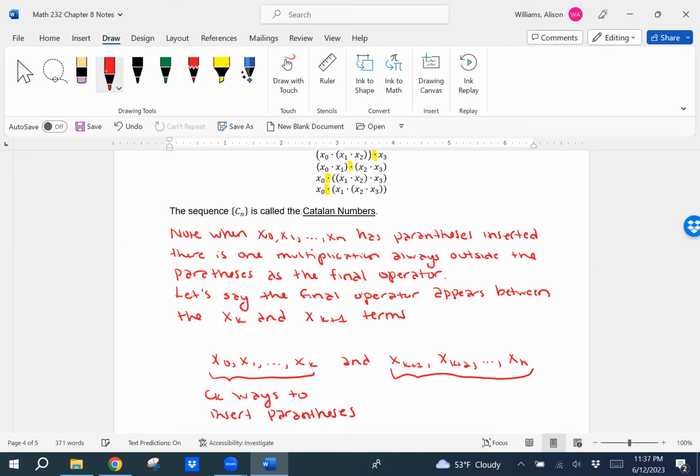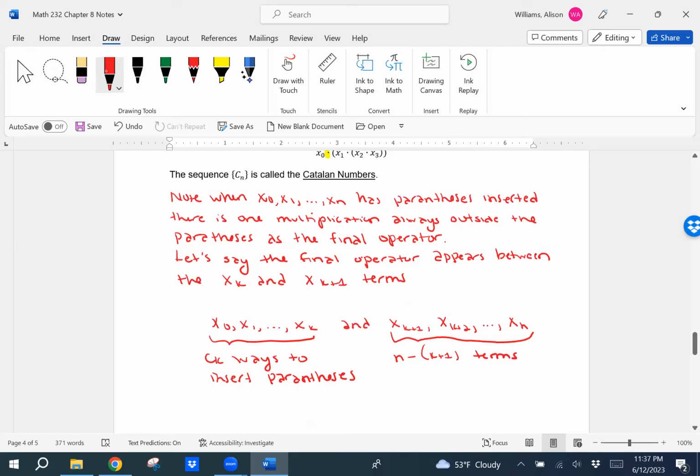And here's how many terms there are. There is n minus k plus 1 terms. So I'm taking the last term and subtracting that first term, n being the last term, the k plus 1 term being the first term. So another way of saying that is c sub n minus k minus 1, that's distributing the negative. That's how many ways to insert parentheses.